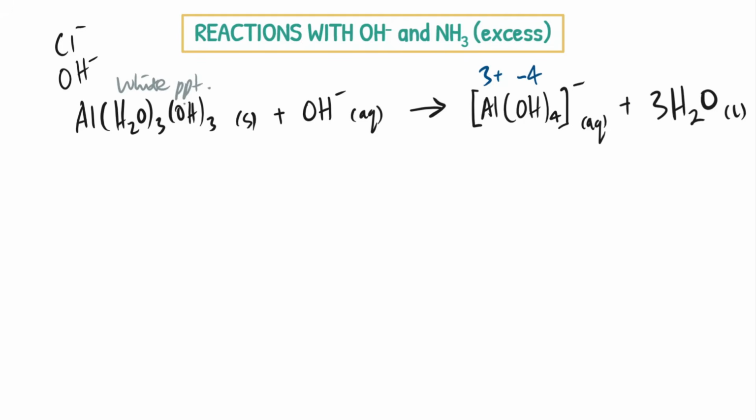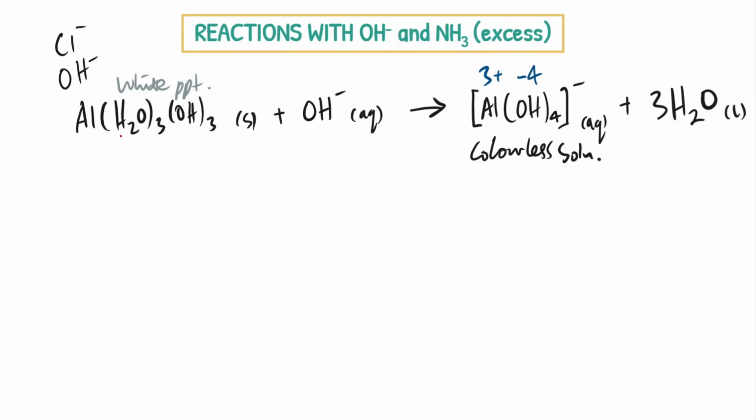And the observation is that this white precipitate dissolves to become a colorless solution again, okay? Even though it's a different starting complex, this isn't our hexa aqua complex, it's still a colorless solution. So I'll write that right here, colorless solution.